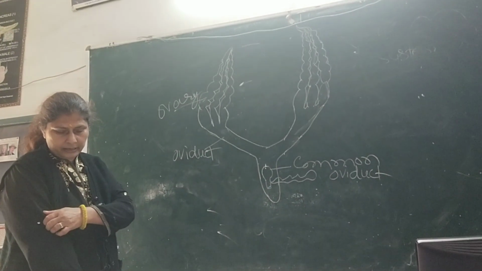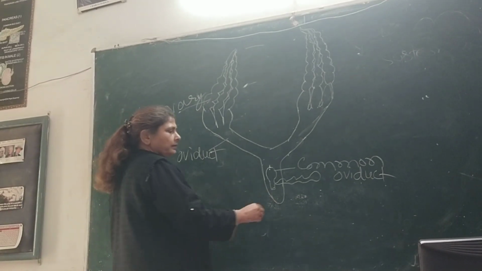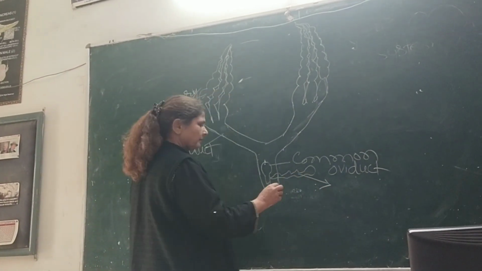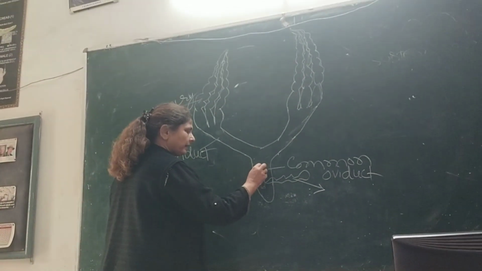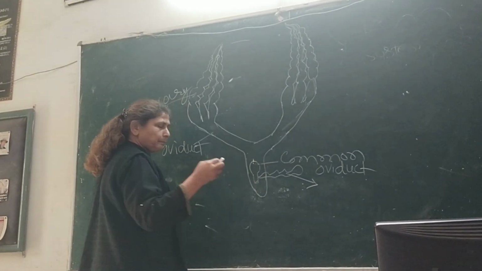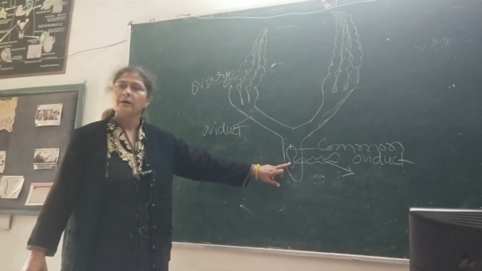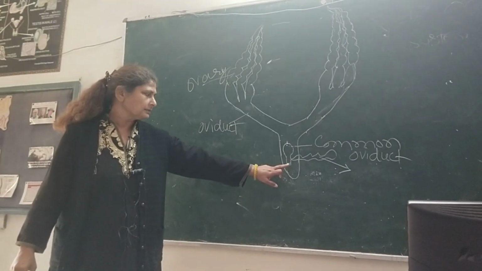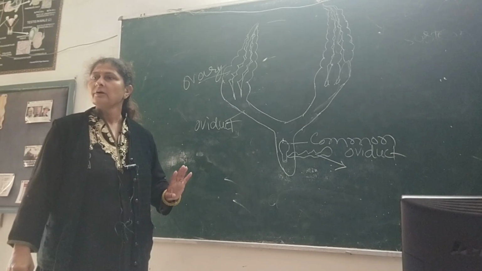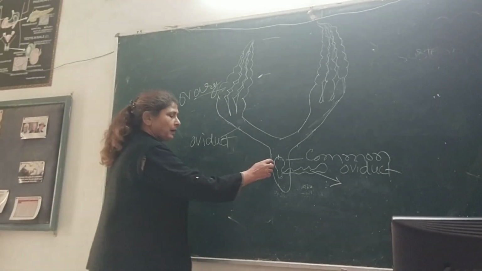The left one is degenerated, and the second, which is functional, is bulb like on the upper side and becomes tubular, and there is one opening. Here the sperms are stored.